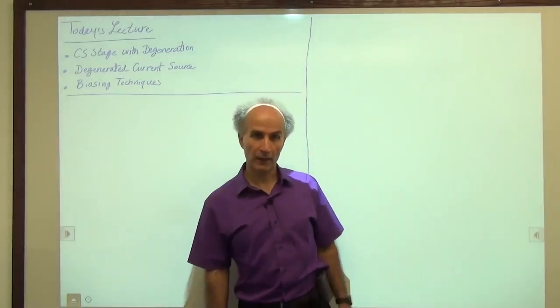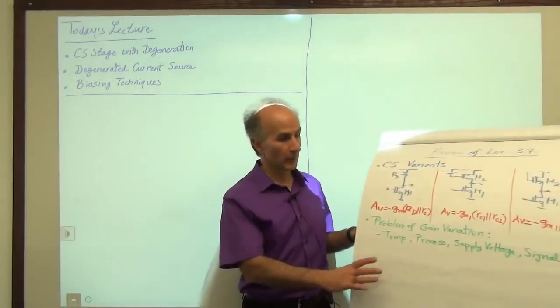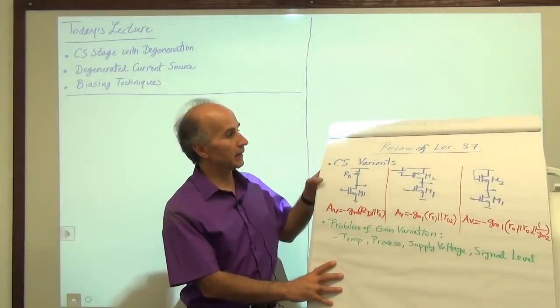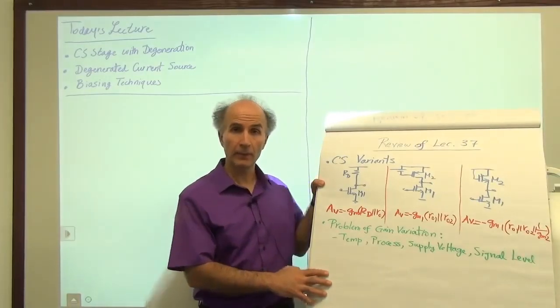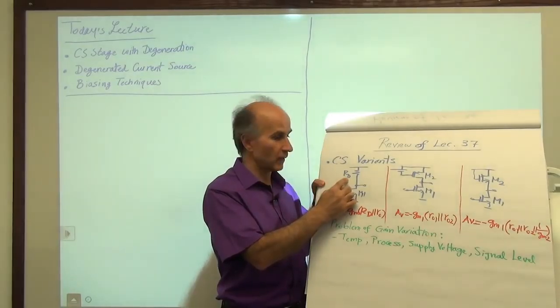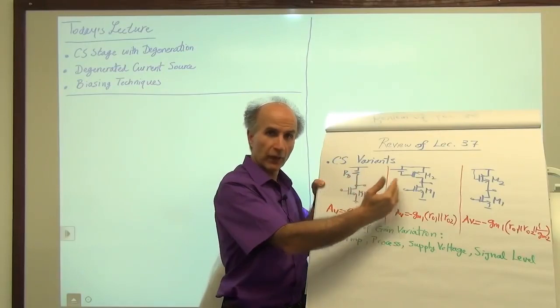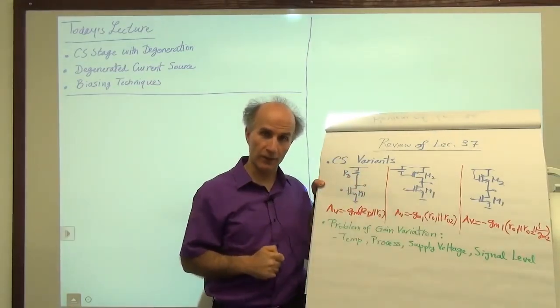But before we go there, let's refresh our memory and see what we covered last time. We said that depending on the type of load that we connect from the drain of the amplifying device to VDD, to the power supply, we may have different types of common source stages.